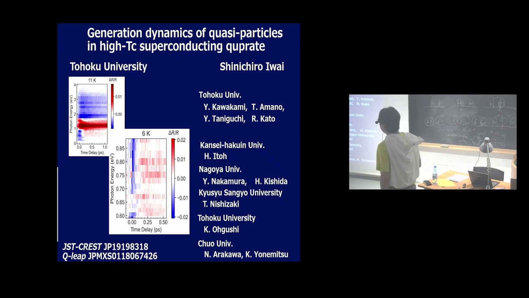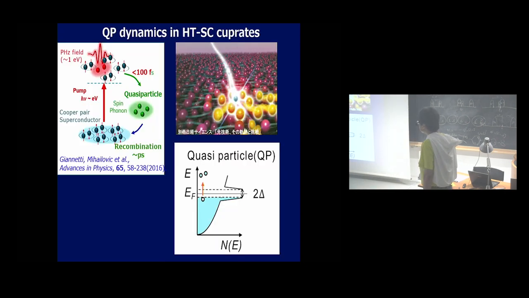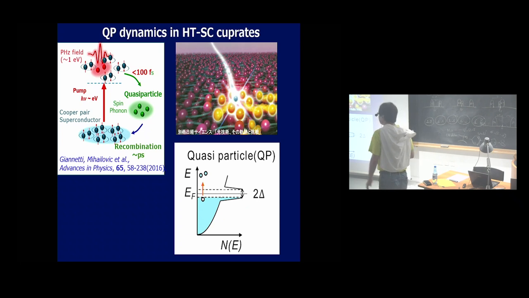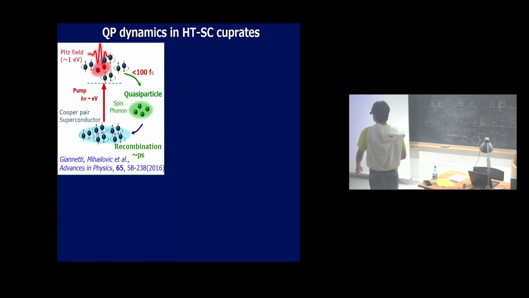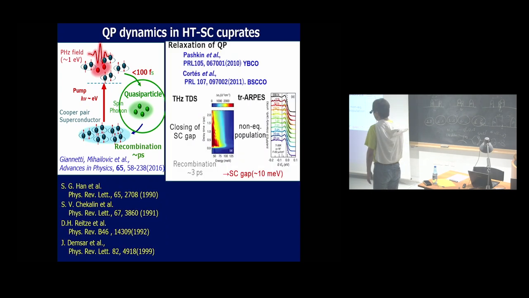This is the generation dynamics of quasiparticles in high temperature superconducting cuprates. There are many studies on the recovery and relaxation dynamics of superconducting quasiparticles on the picosecond time scale, in particular focusing on the low energy dynamics by using techniques such as THz-TDS or transient reflectivity spectroscopy.